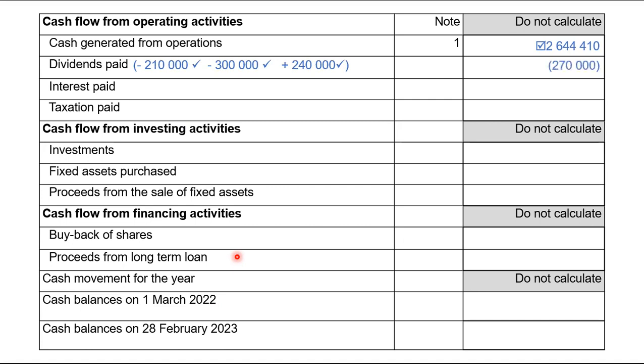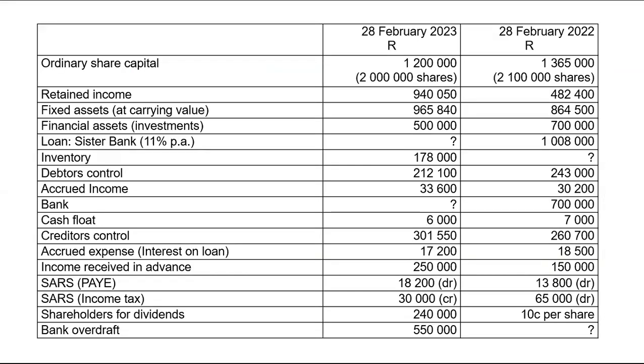Otherwise, you could have just said 60,000 plus 210, which is this year's interim plus last year's final. We're going to get the same thing. The reason why that 270 is in brackets is because it represents dividends paid. When it comes to interest paid, I will use that information about our accrued interest, which is this one over here.